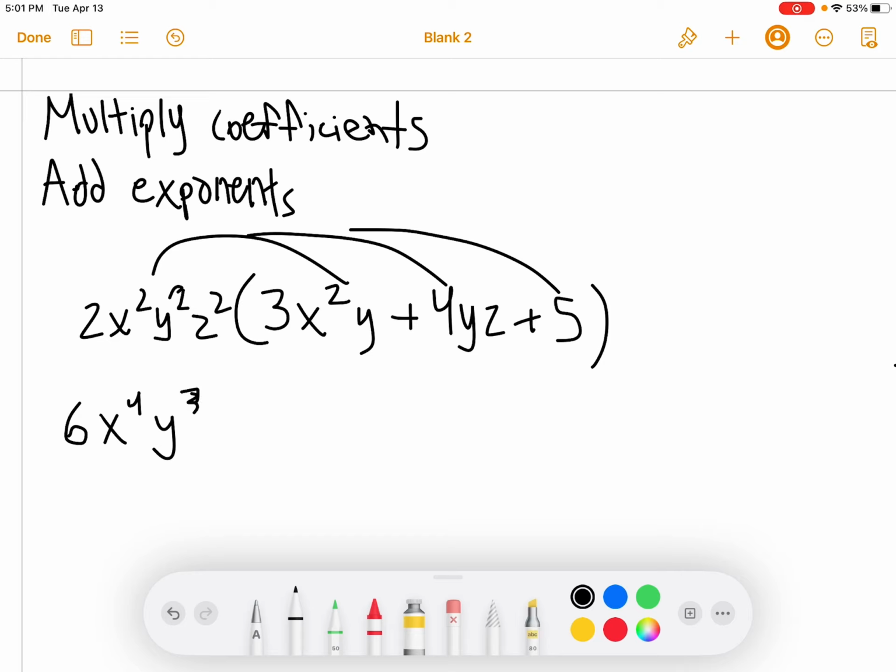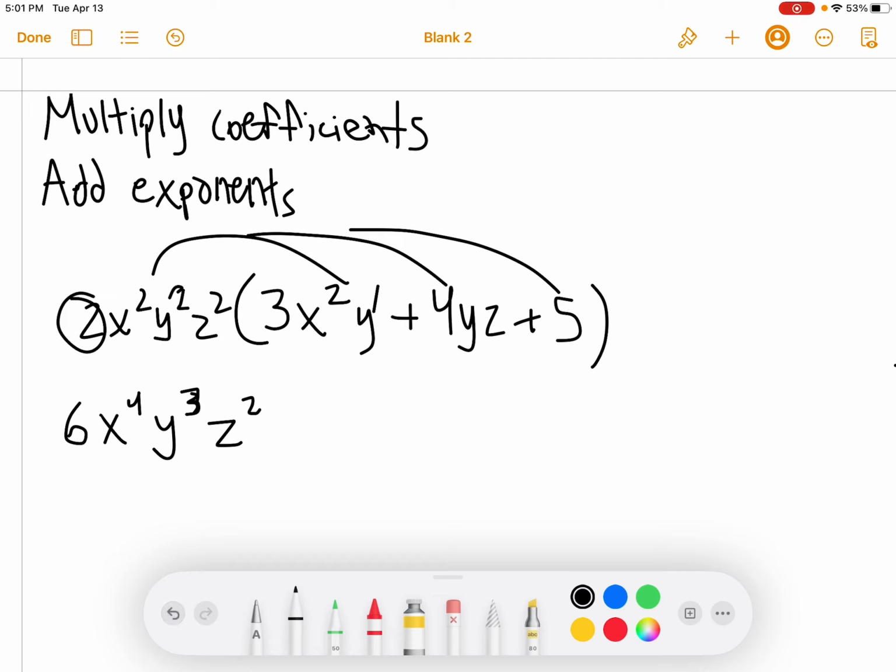And there's only a z squared here, no z in that part of the expression, so we just have z squared. Now, this is the second part of the expression.